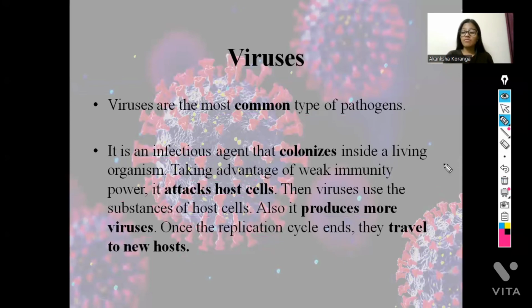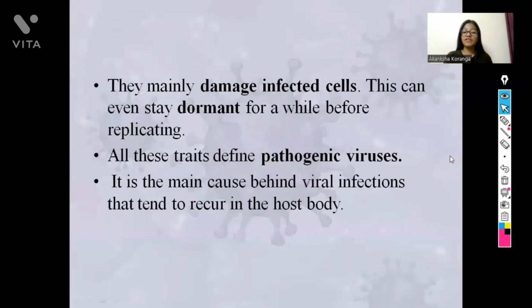Now moving on to our next slide, we will see some additional information about viruses. First, they mainly damage the infected cells. First they enter the host body, they infect the cell, and after infecting the cells, they damage them.